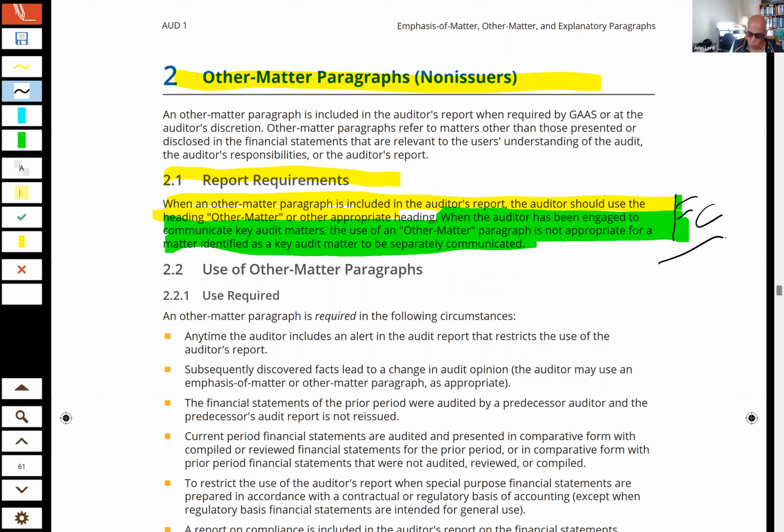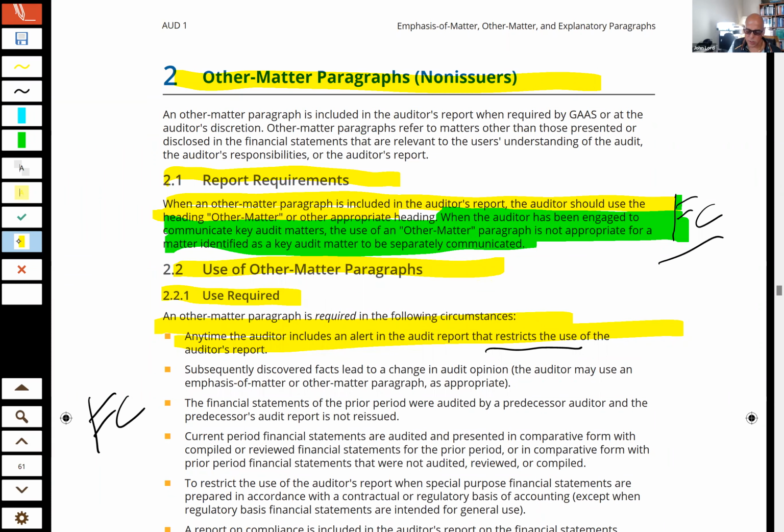Okay, now when are we required to use an other matter paragraph? Anytime the auditor includes an alert that restricts the use of the report, we're going to flashcard these. We'll see instances where we're restricting reports later on tonight. If that's the case, we have to put in another matters paragraph that restricts the use of the report.